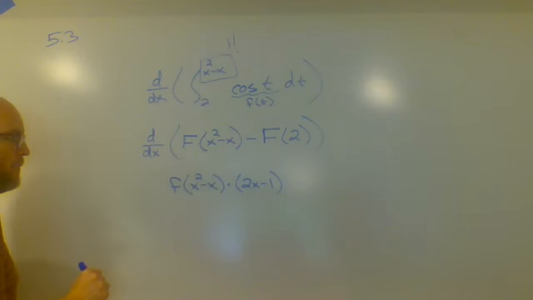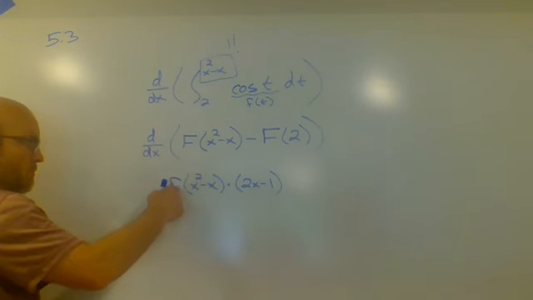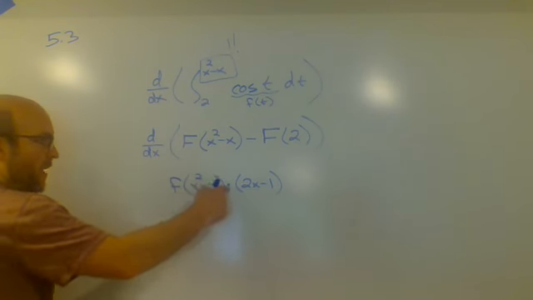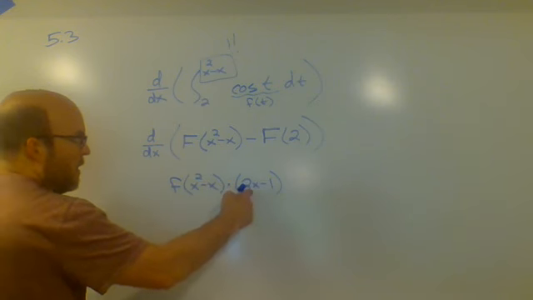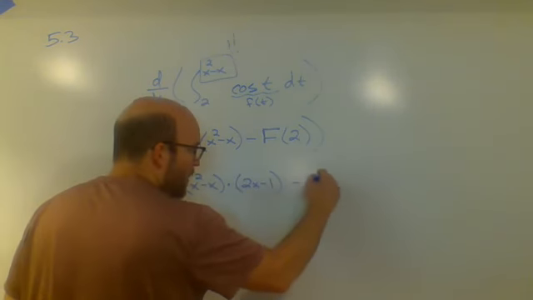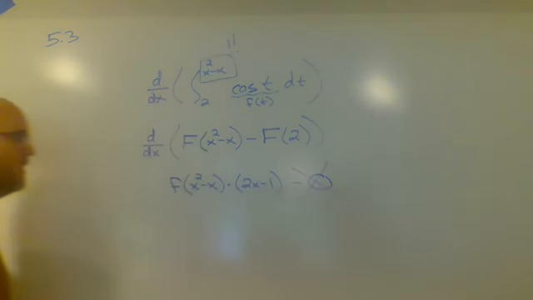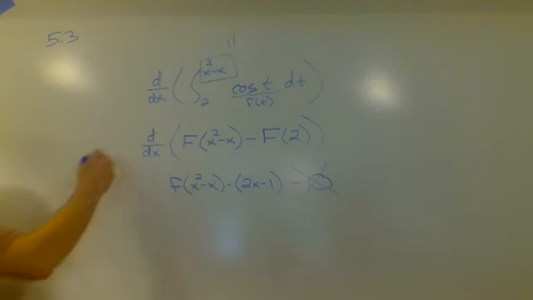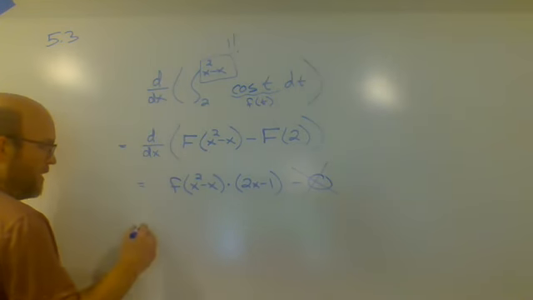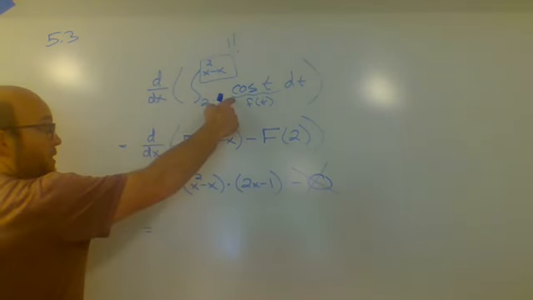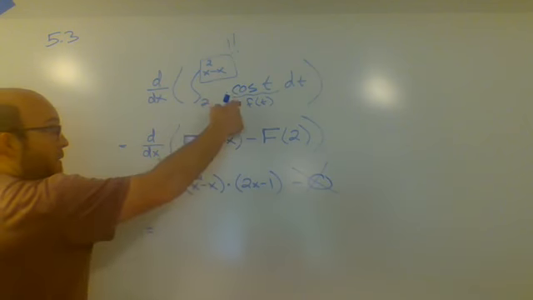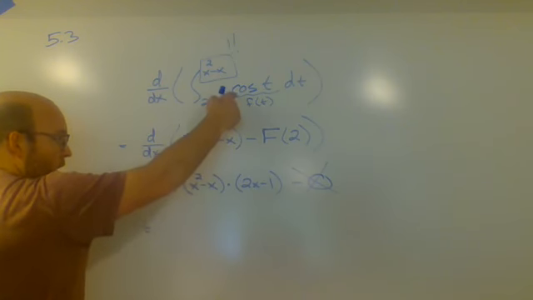Okay, so it's the same thing that we've always done. Derivative of the outer function evaluated at the inner function times the derivative of the inner function. This is once again a constant, so it turns into a 0 and disappears. And then finally, it's just a matter of evaluating our function that was originally given to us.